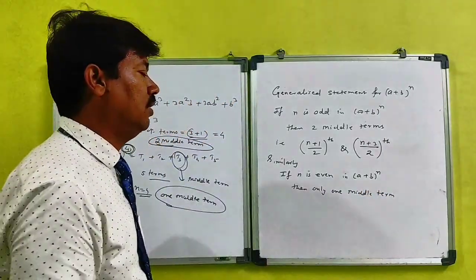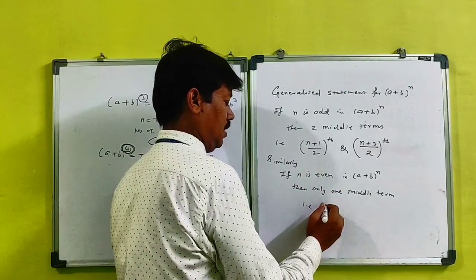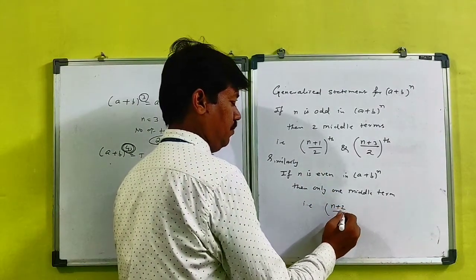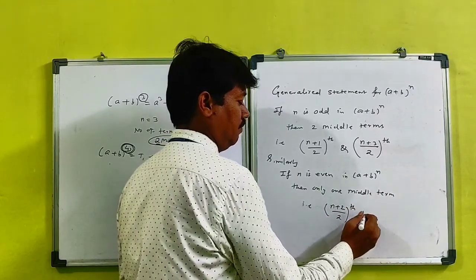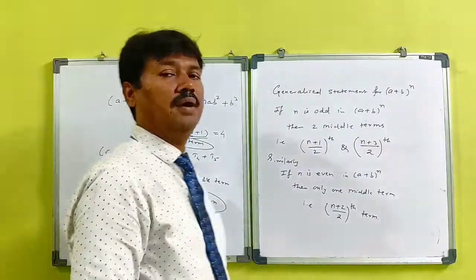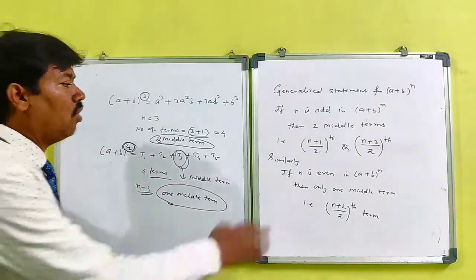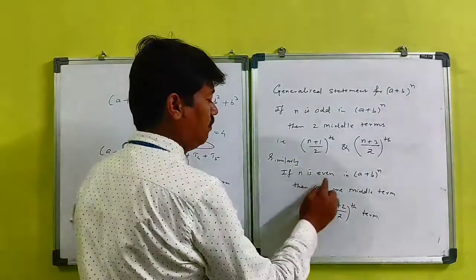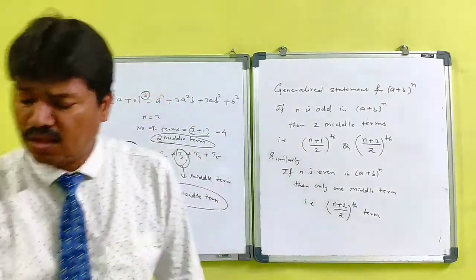And the middle term will be the (n + 2)/2 term. So it all depends: for odd n there are two middle terms, and for even n there is only one middle term.